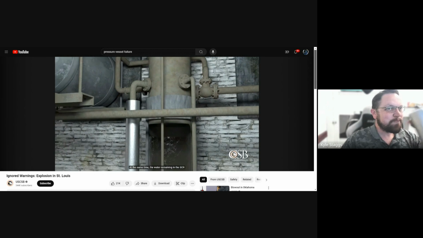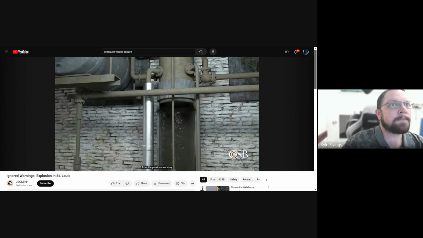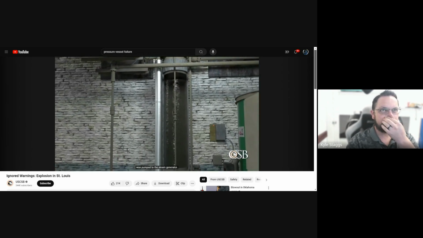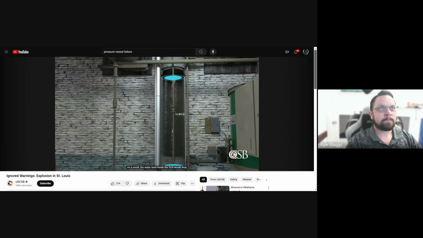At the same time, the water remaining in the SCR from the previous workday was pumped to the steam generator. As a result, the water level inside the SCR would drop from its normal height of about 14 feet to about 2 feet.